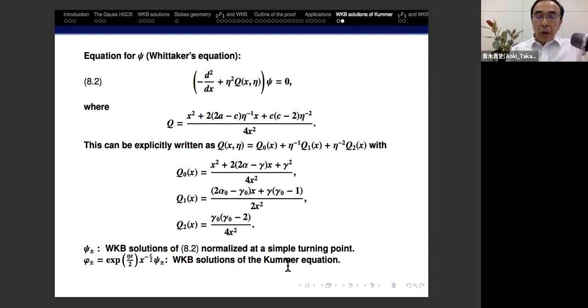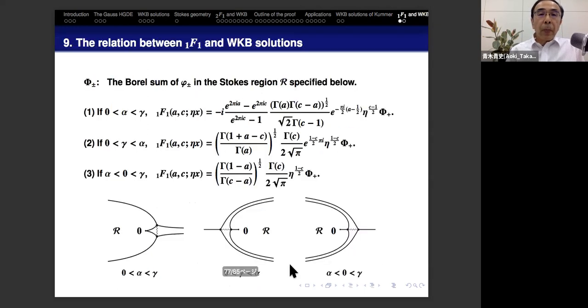Then similarly, we obtain the relation between 1F1, that is the Kummer function with the large parameter eta, and the WKB solution normalized at that simple turning point.